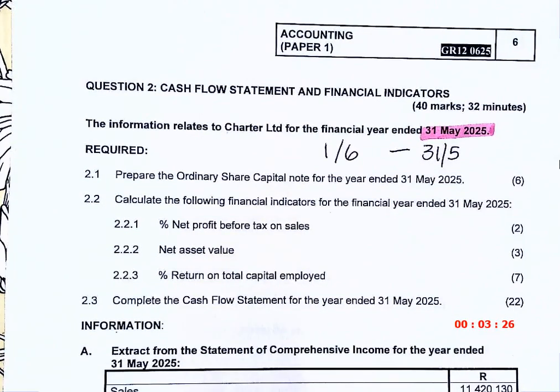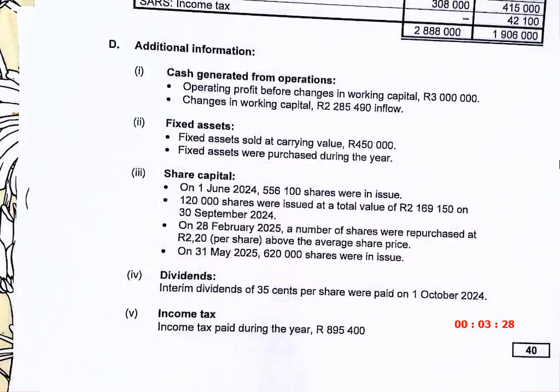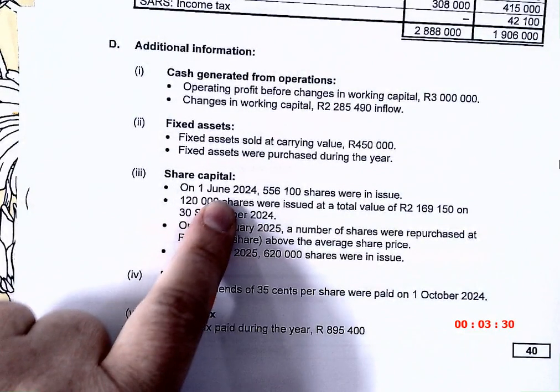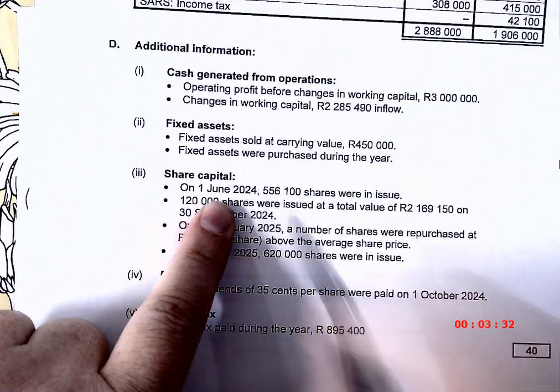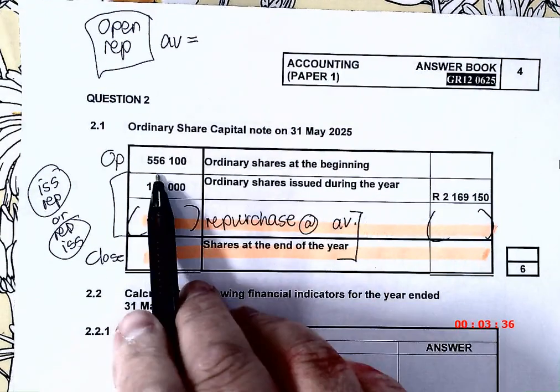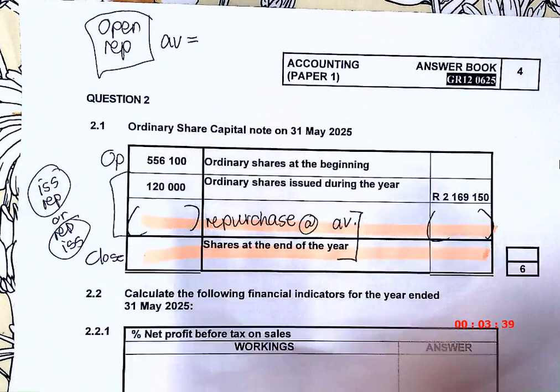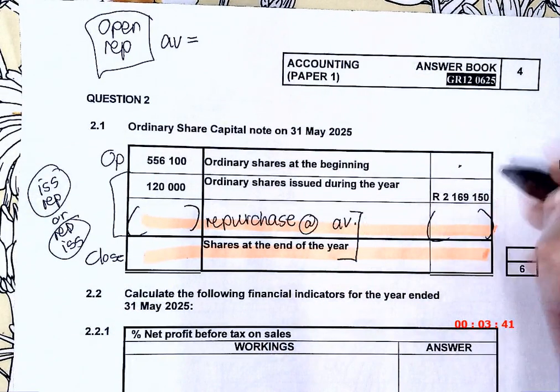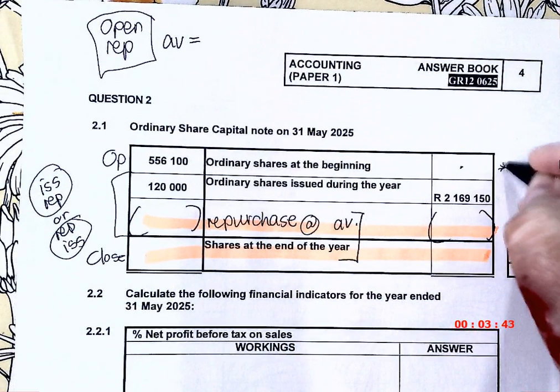If I look here, they say on 1st June, meaning this is the beginning of the year. So many shares in issue. Can you see, they already gave it to me? But they didn't give me the opening, so I know this is going to balance back.